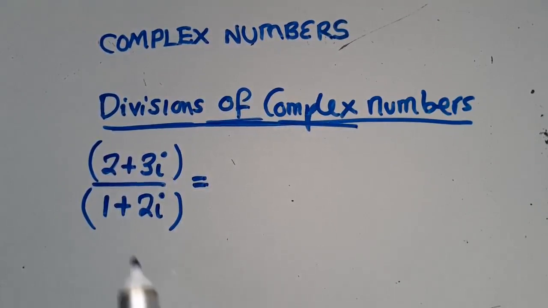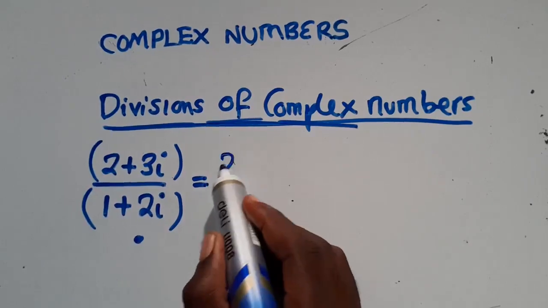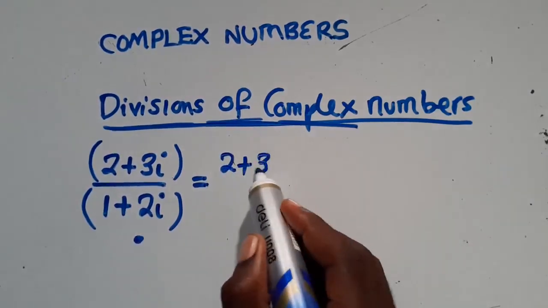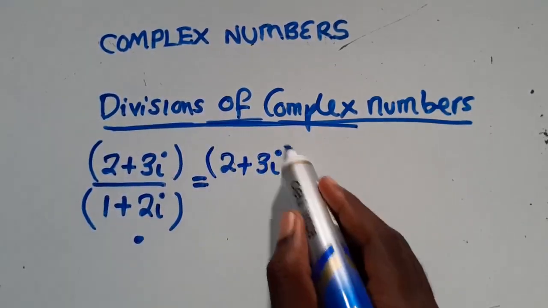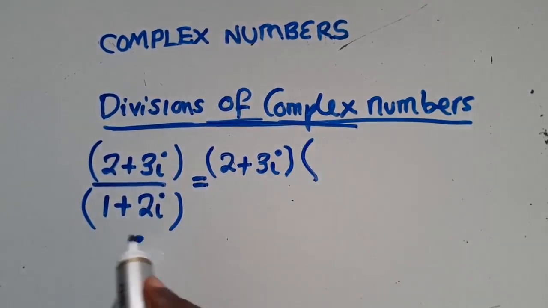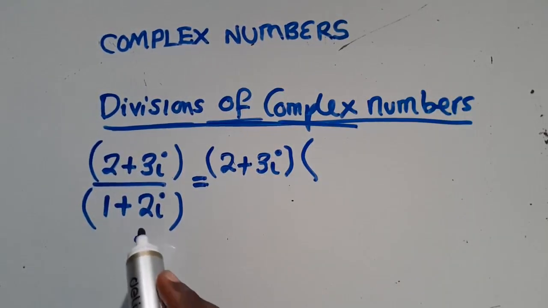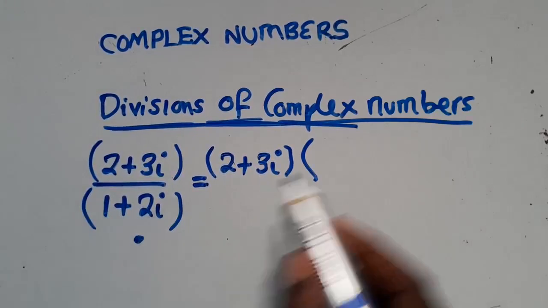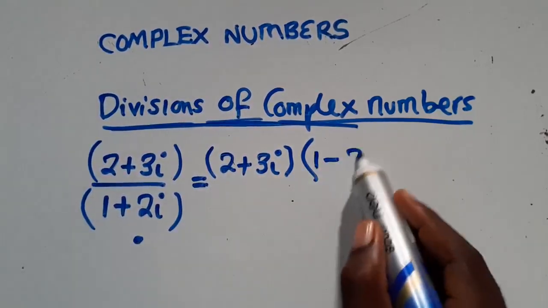You need to find the conjugate of the denominator. Hope you remember the conjugate. So the numerator will maintain 2 plus 3i, and you multiply it by the conjugate of the denominator. You know that the conjugate changes the operation, so we are going to have 1 minus 2i.